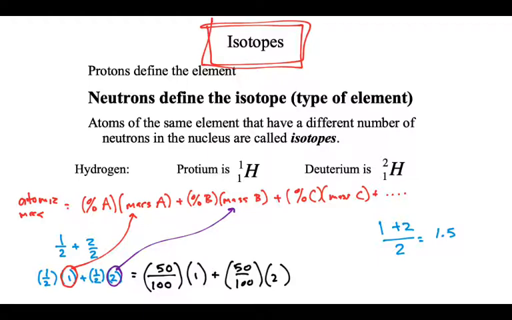When I took that normal average, if you will, it was already weighted. I assumed that both isotopes were equally occupied. They were exactly 50%. 50 per 100. That's the definition of a percent. Percent, century meaning 100. Okay?